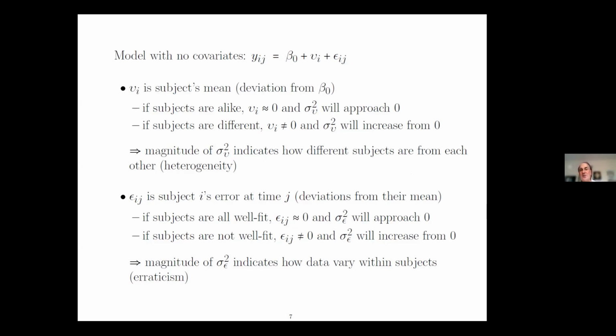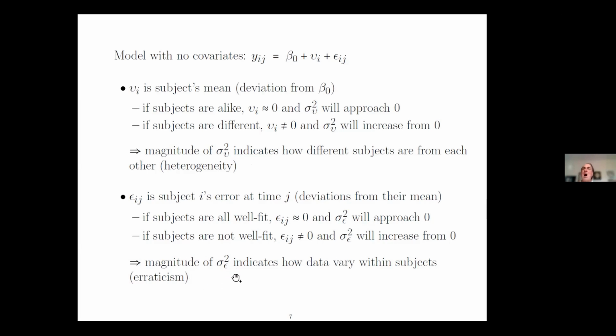So if subjects are very well fit by their mean, then these deviations are close to zero and the residual variance gets small. If subjects aren't so close to their mean, the residual variance gets large. So the within subject variance indicates how the data vary within subjects. I'm going to use the term heterogeneity to refer to the between variance, and erraticism or consistency to think about the within subject variance.